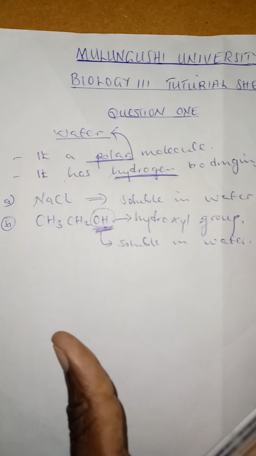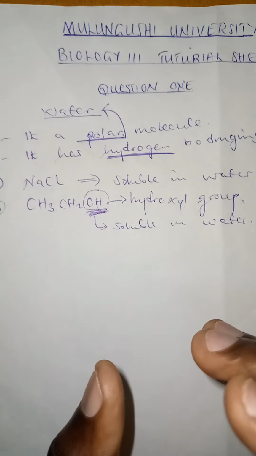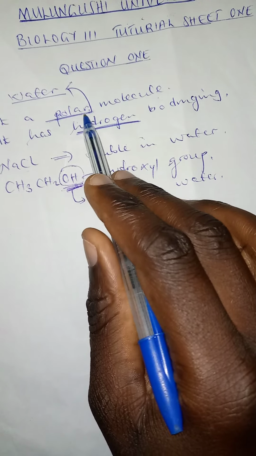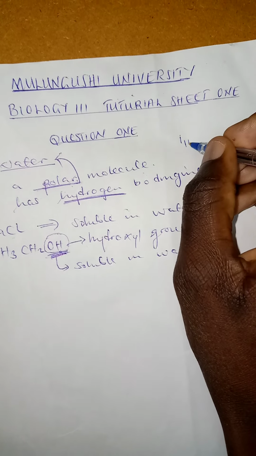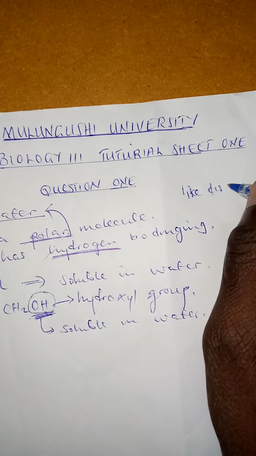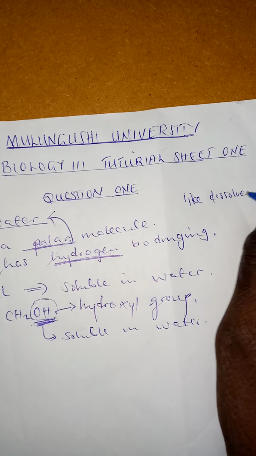For a basic understanding of these questions, we also have to understand some basic characteristics of water. Water is a polar molecule. We have highlighted polar because anything polar will dissolve in water, because like dissolves like.